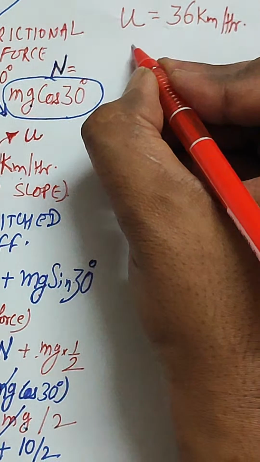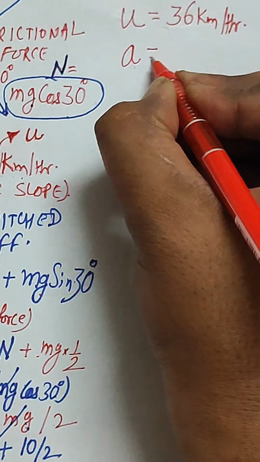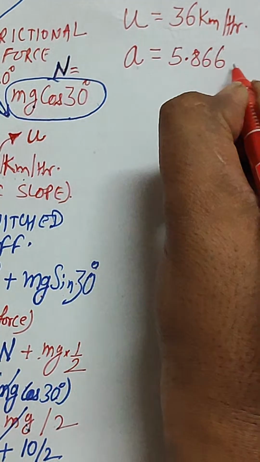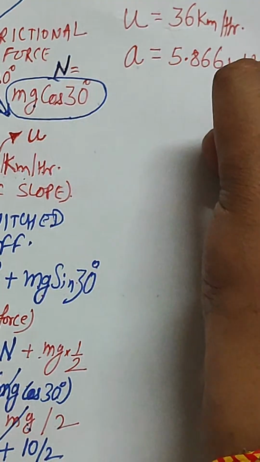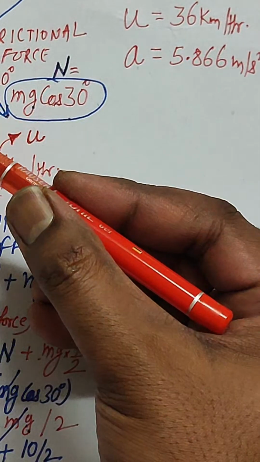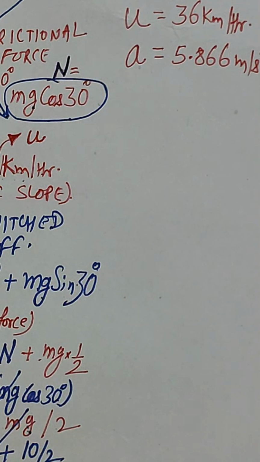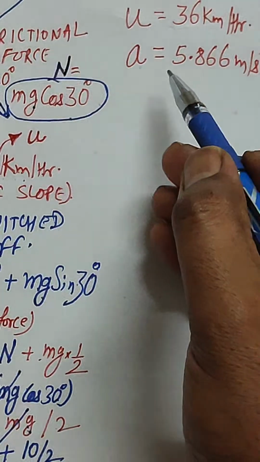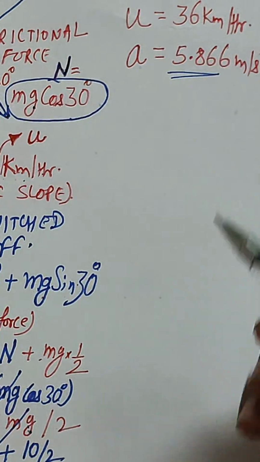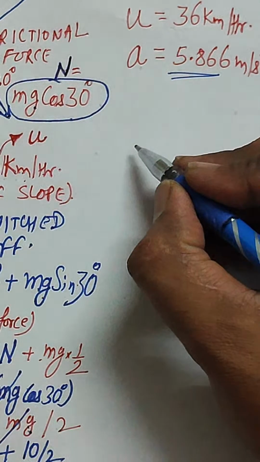We have calculated here the value of acceleration, that is 5.866 meter per second square, right? Since the car is switched off at the starting moment on the slope, definitely due to this acceleration only the car will be moving on the slope and it stops, right?